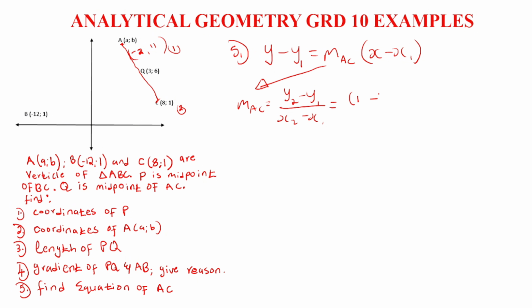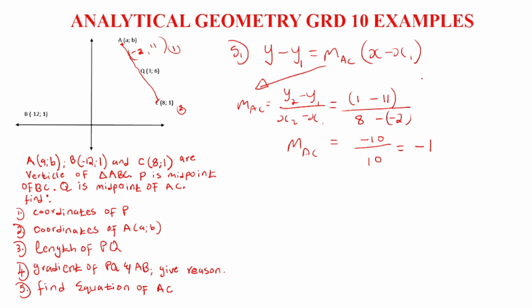So at A we have 11, all over x2, which is 8, minus negative 2. This should give us negative 10 over positive 10, which is equal to minus 1. So we've got the gradient of AC.